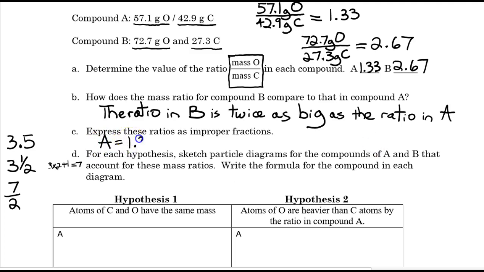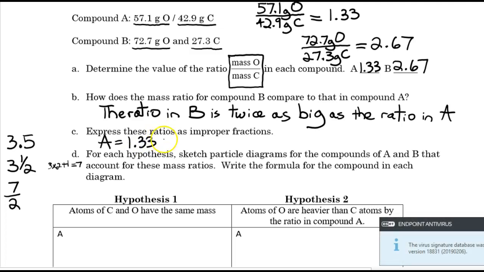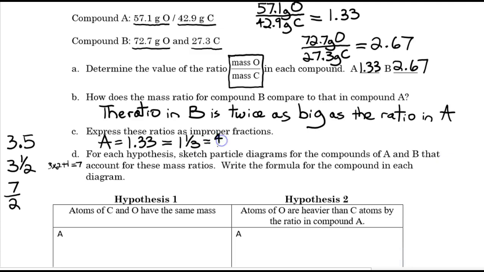So in this case, for A, my ratio was 1.33. Well, you might immediately say, oh, 0.33, that's 1/3. So that's going to be equal to 1 and 1/3, which is the same as an improper fraction of 4/3. For B, I had a ratio of 2.67. Well, that is 2 and 0.67, that's the same thing as 2/3.